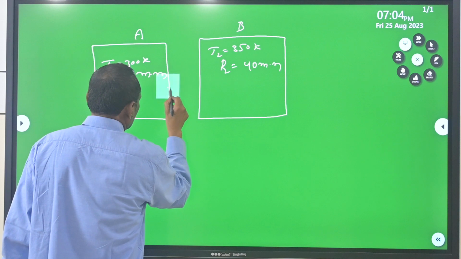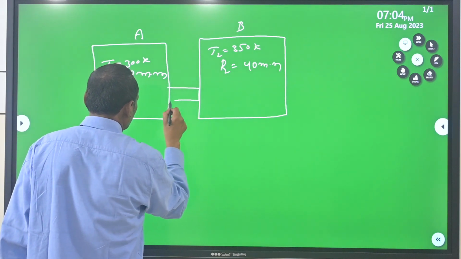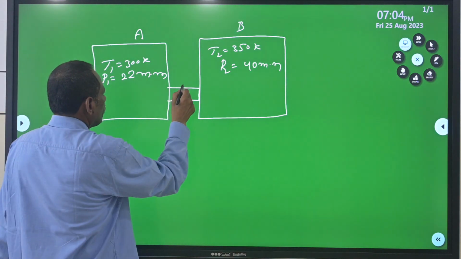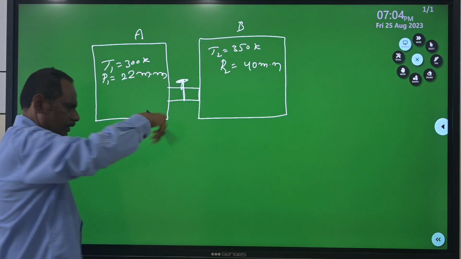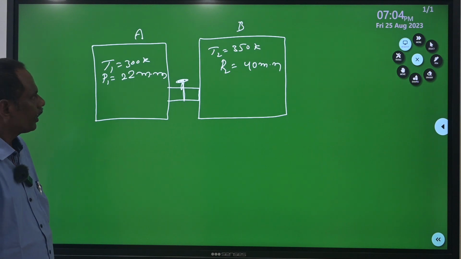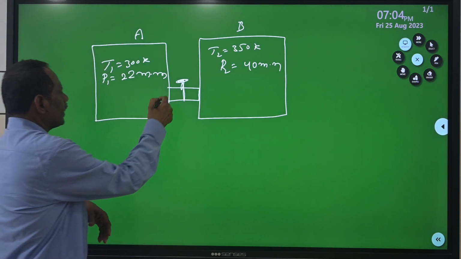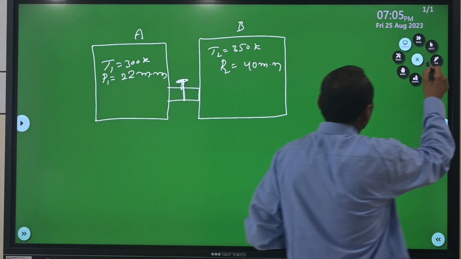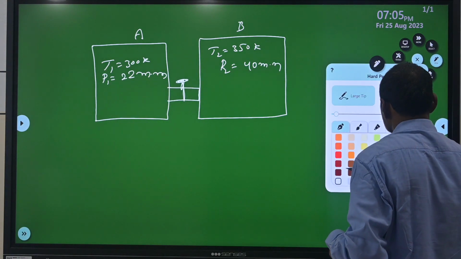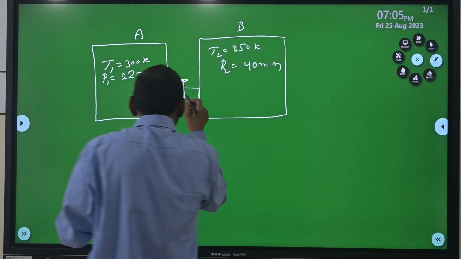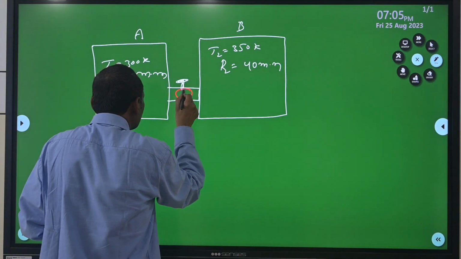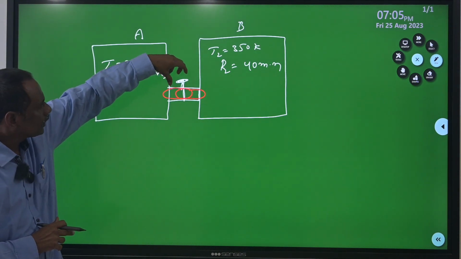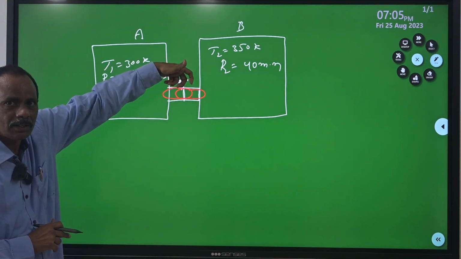If the 2 containers are connected through a valve, initially that valve is closed. Now these 2 containers are connected together by opening this valve. What will happen if the valve is open?